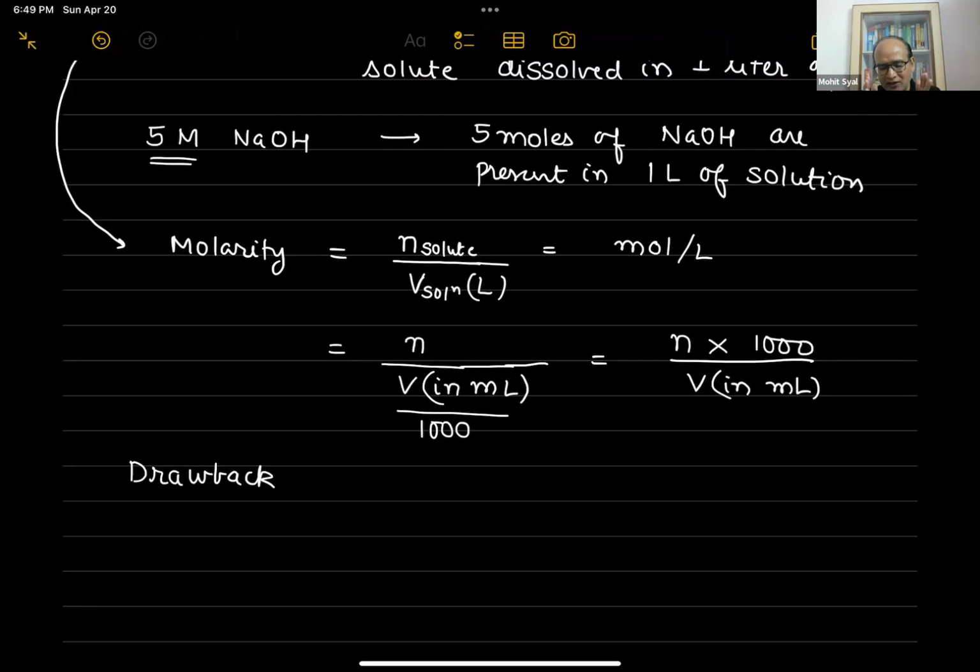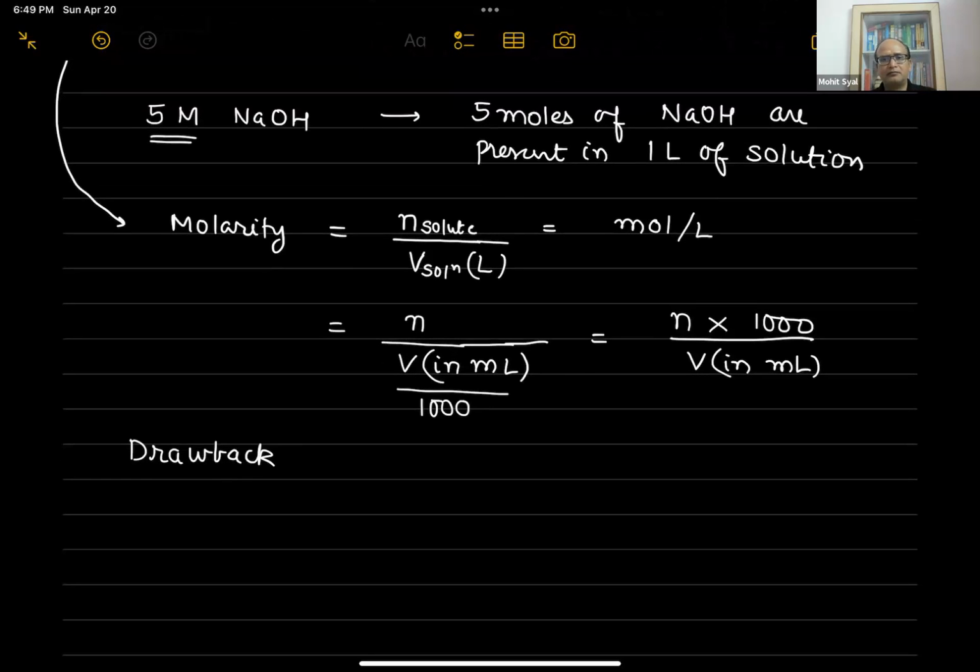Because you have volume of the solution, as we know, when temperature increases, the volume expands, and when temperature decreases, the volume contracts. But the number of moles of solute will remain the same. Got it? So the moles of solute are the same, but the volume can change with temperature. So the drawback of using molarity is that it can change with temperature. Is it clear to both of you? Yes, sir.